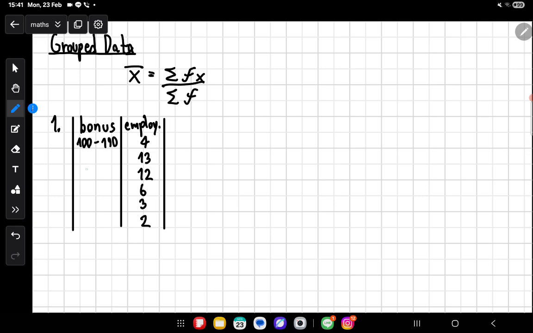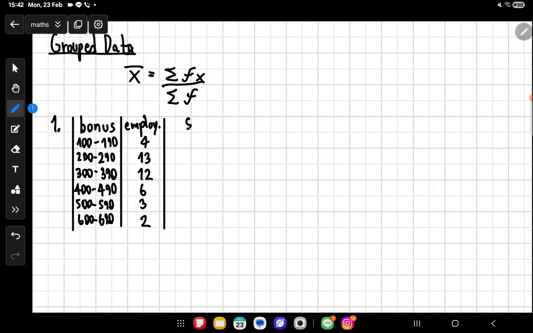So, if you don't know about grouped data yet, you can ask me in the comments. Or kindly just Google it up, because there is information on Google. Okay, and here's our first example.